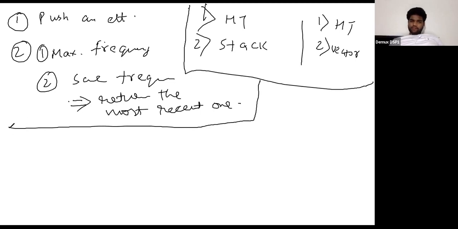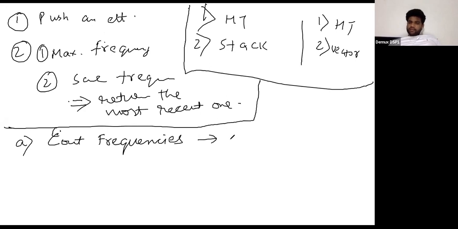Now let's see. First things first, a very basic observation is I need to count frequencies of each of the elements, right? When I retrieve the maximum frequency or when I push an element, I need to count the frequencies. That's one of the basic requirements that I can observe here. So what is one possible way you could count frequencies?